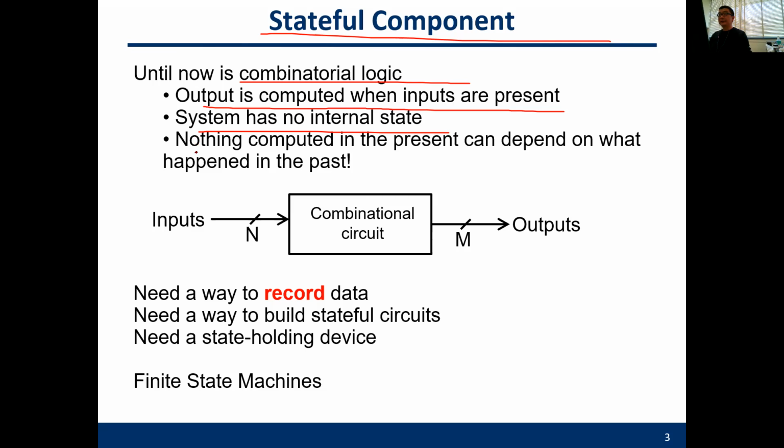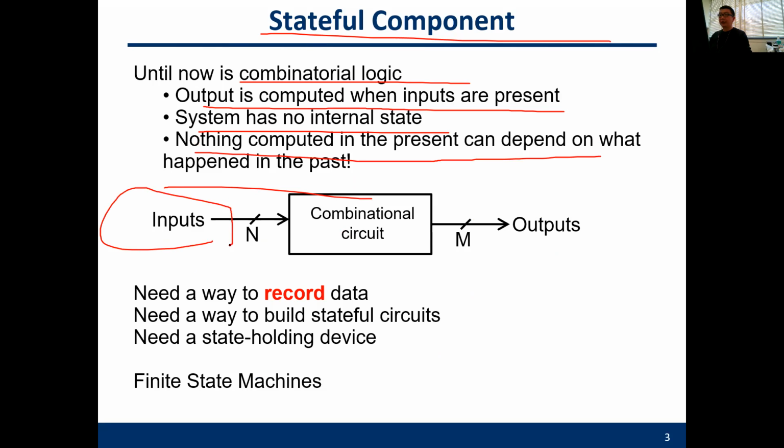So nothing computed in the present can be dependent on what happened in the past. In summary, you can only compute one step. This is a summary of combinational logic.